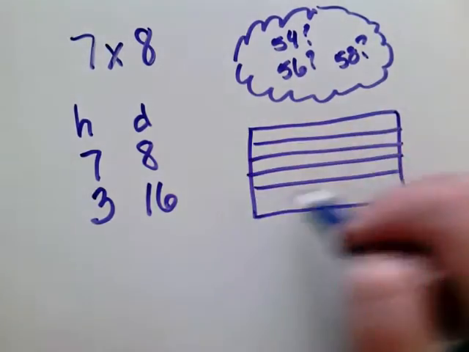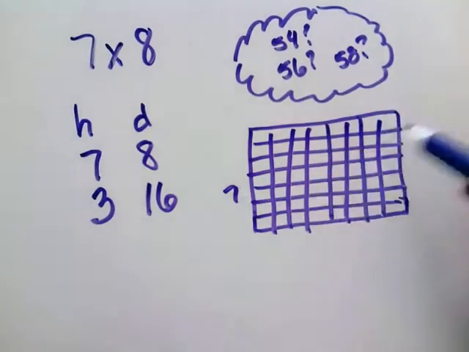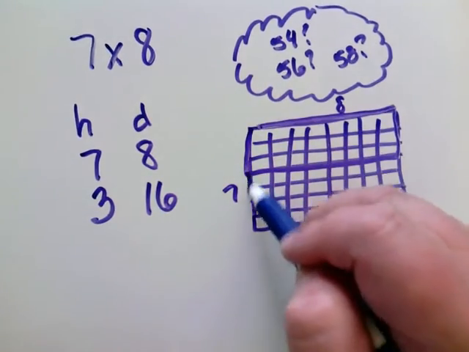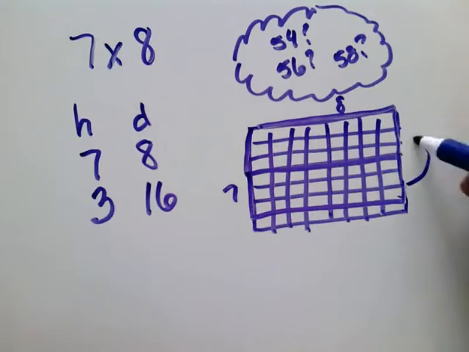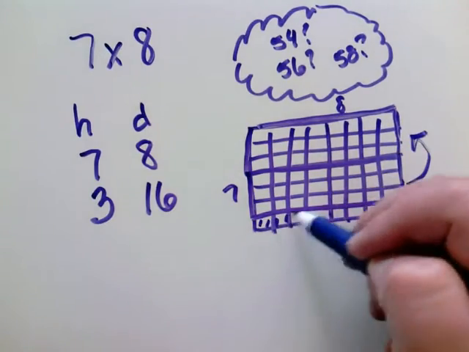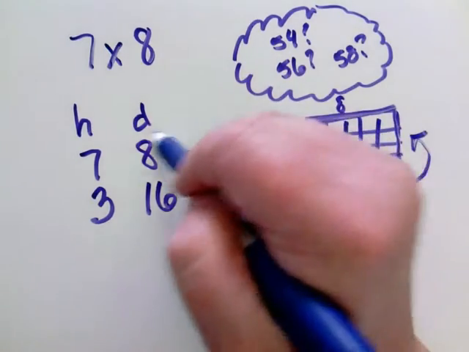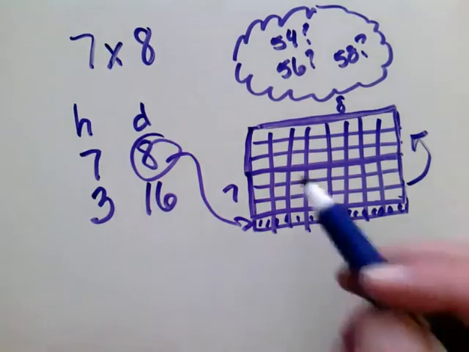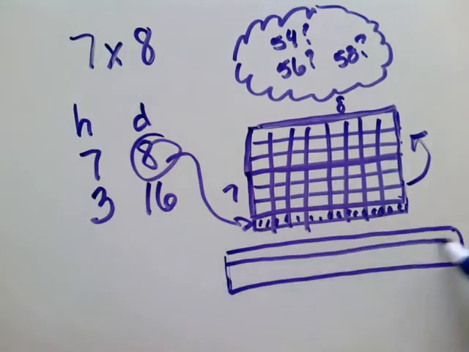So what really happened here? Well, we had 7 groups of 8. When we halved 7, we said we can get out of the 7 groups of 8, 3 groups of 16 by rearranging, but that would leave us with one leftover group of 8.